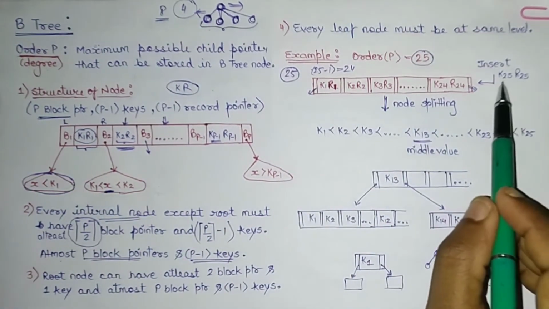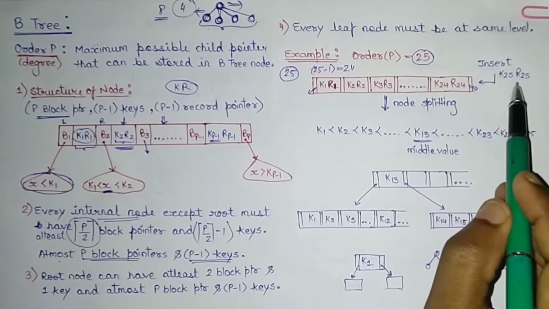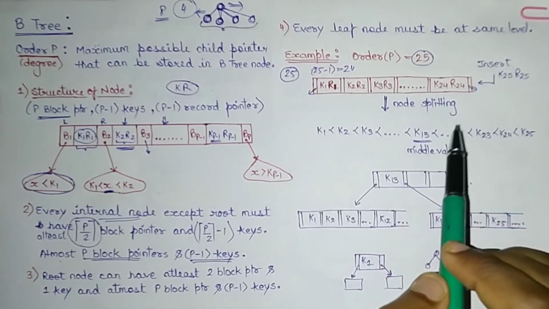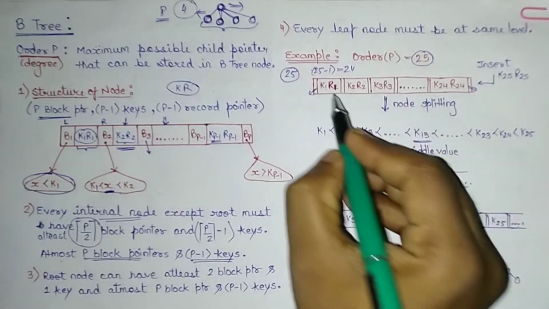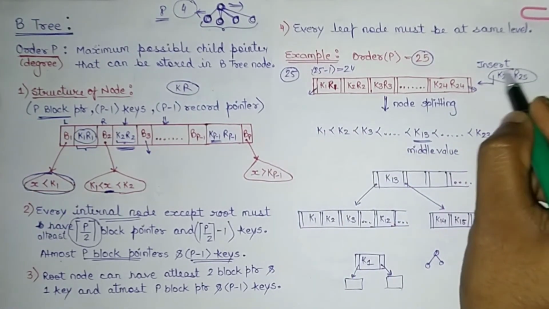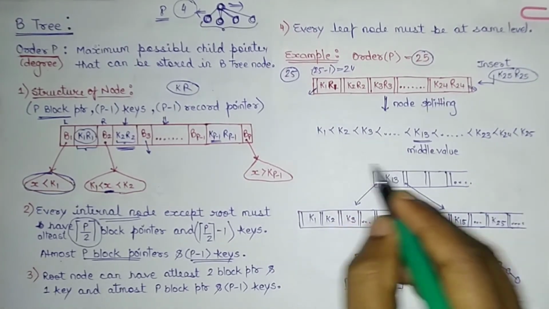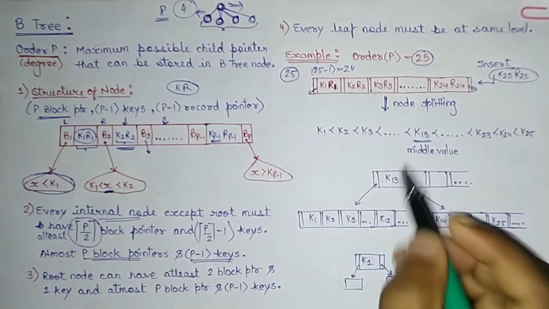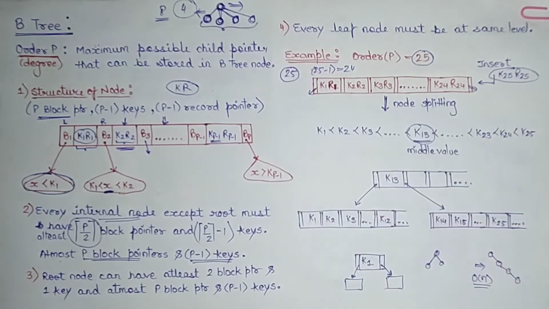Now if you have to insert one more key, let's say the name of the key is K25. If you insert another key K25, then we will take all the key values including this new value that needs to be inserted, and we will find the middle value. So for K1 to K25, K13 is the middle value.